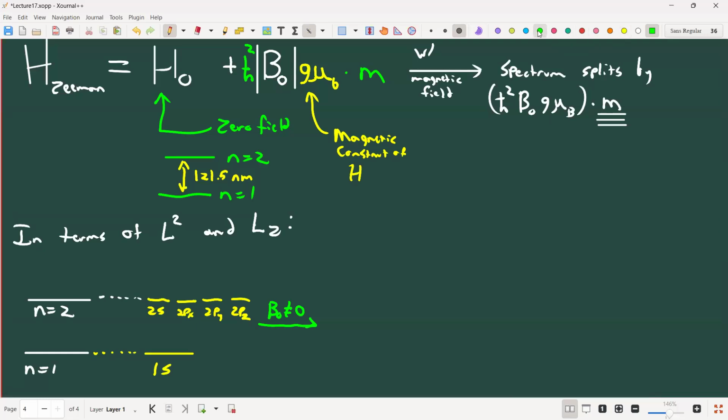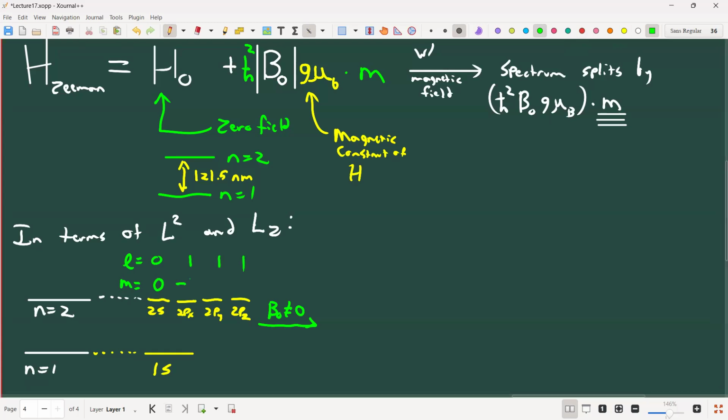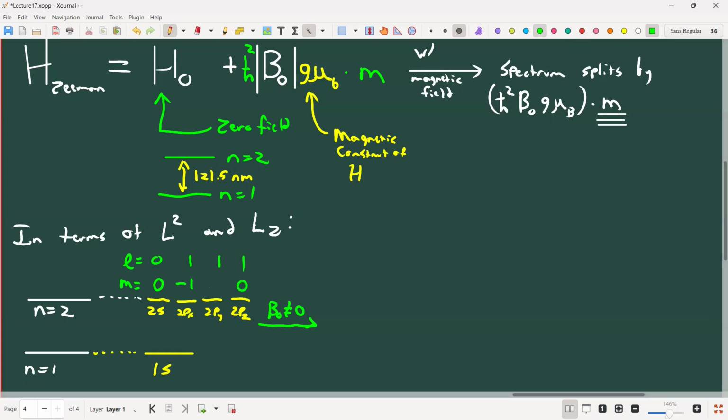What are their values of m? Well, m for the s orbital is 0 because L is 0. Then we have L equals 1 for the p orbitals, and m could be -1, 0, and +1. Remember, the 2pz is defined as m equals 0. Those are the x's and the y's.